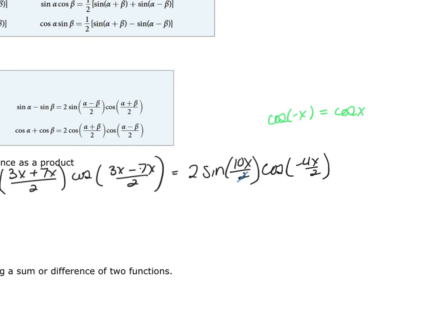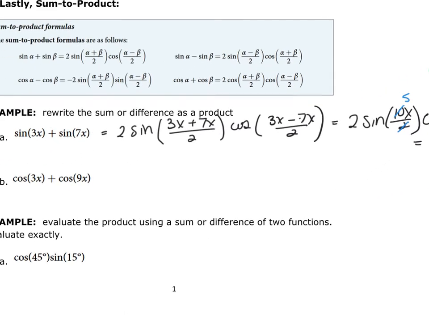And at the same time, I'm going to reduce this into 5, I'm going to reduce this into 2. And so my final answer is 2, the sine of 5x, the cosine of 2x, and that's because the cosine of -2x is the same thing as the cosine of 2x, because it is an even function. Let's take a look at the next example.